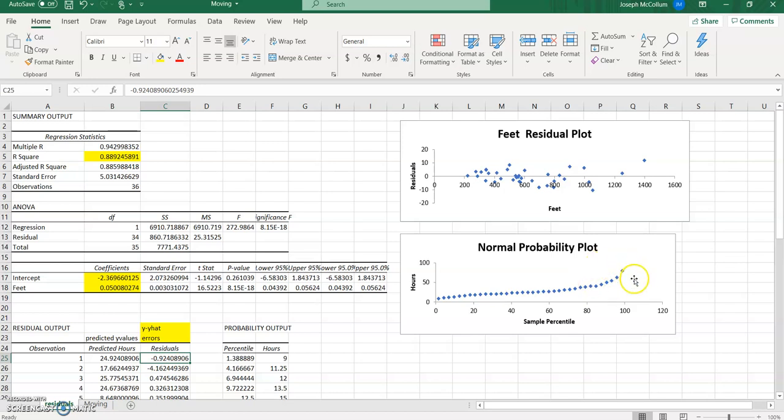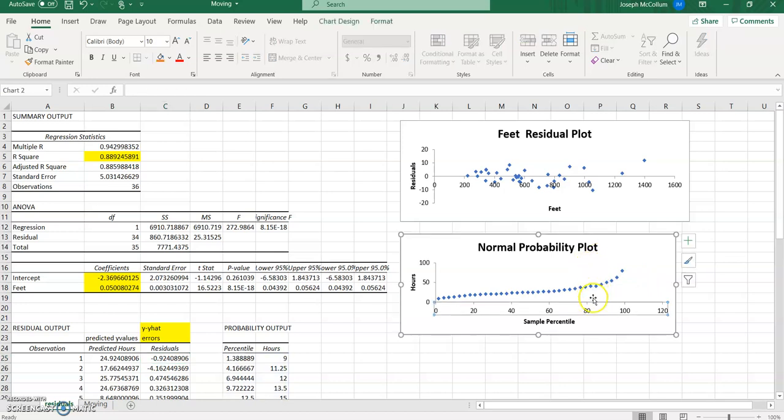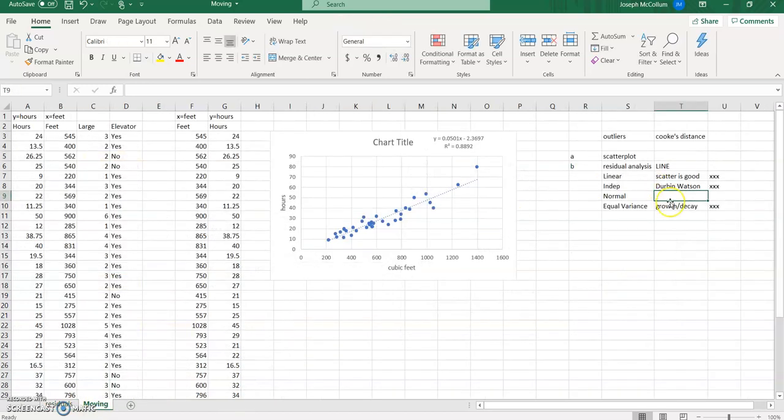This bend means either we picked the wrong model or, once again, you've got some outliers. Again, I really believe if we make a cut, we would deal with it. But without me actually doing it, I'm just hypothesizing. But this visual bend at the end has me worried. So I would do the normal probability plot, I would look at it, and I am worried here.